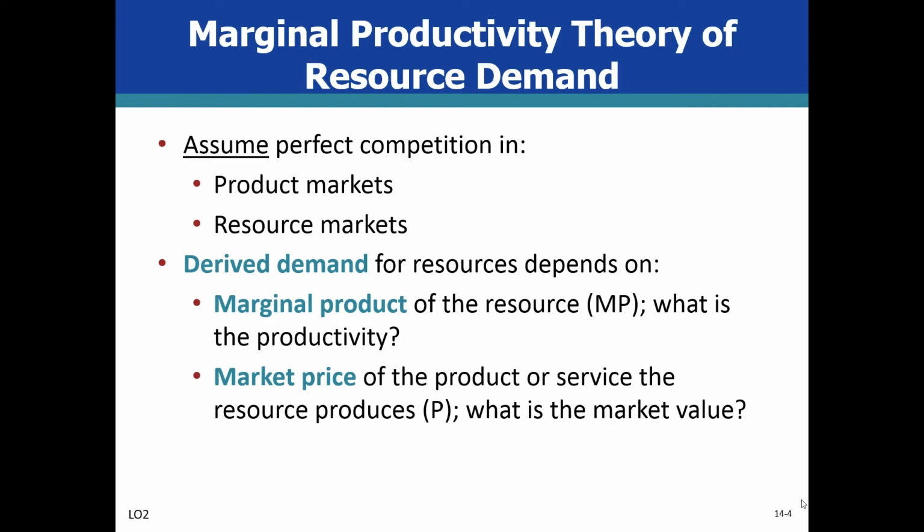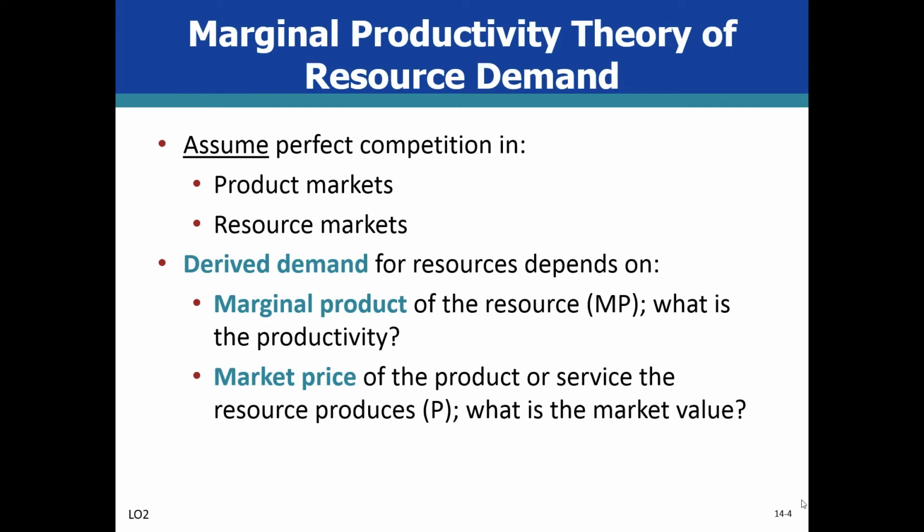The calculation of marginal product helps determine the productivity of the resource. Second, what's the market price of the product or service that we're trying to sell? What's the market value? These two factors in combination give us the derived demand for labor.